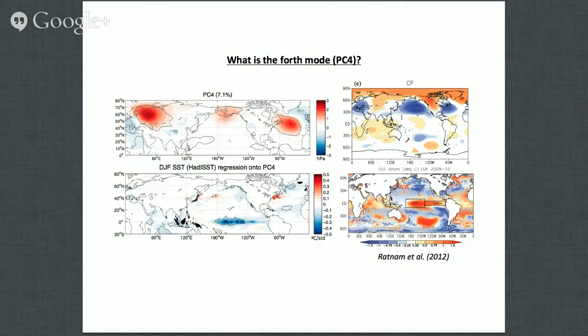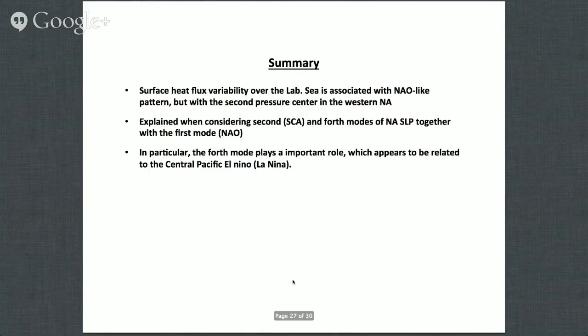This pattern is what they got, which is very similar to this PC4 pattern. So it looks like this pattern is related to the Central Pacific El Niño, or Modoki.